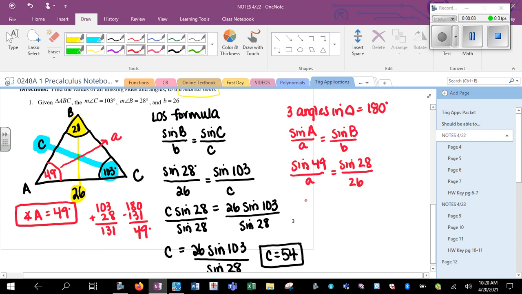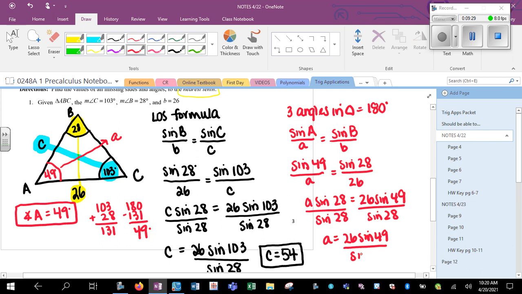Cross multiply again. Divide. And then into our calculator, we'll put 26 sine of 49 degrees divided by the sine of 28.